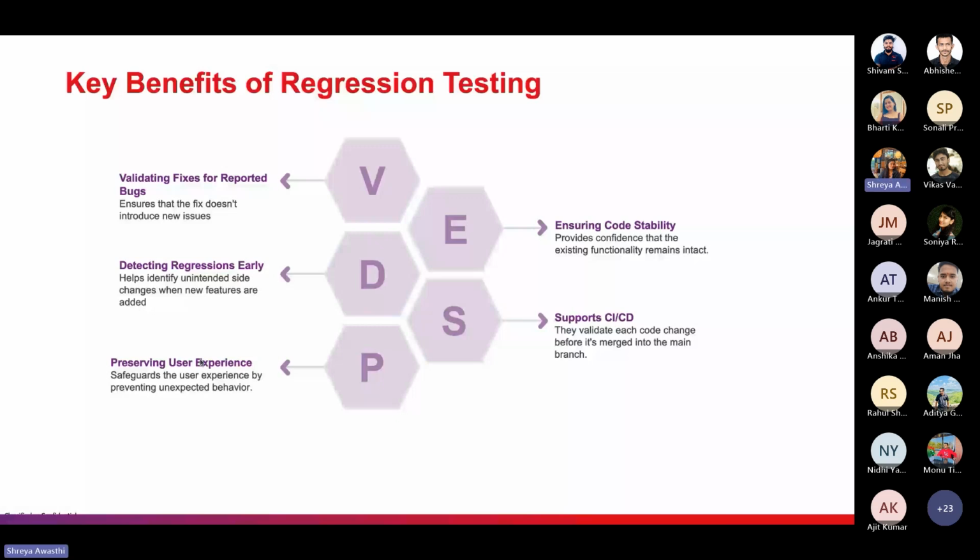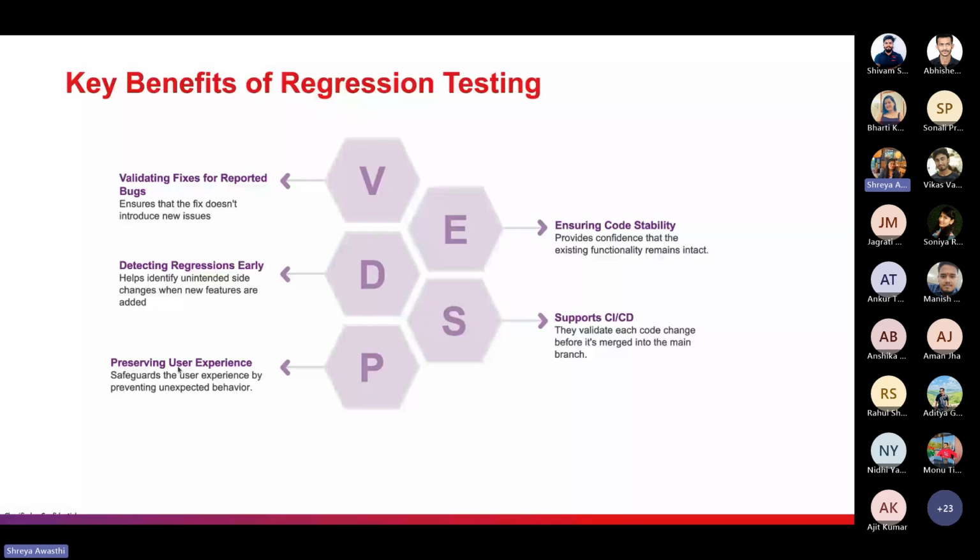So for the first point, validating fixes for reported bugs. When we find a bug in the software, we try to fix it, and we want to make sure that our fix really works. Regression testing helps us do that. We can test to check if the bug is gone and if everything else is still functioning correctly. For example, think of an e-commerce website where an add to cart button stops working.